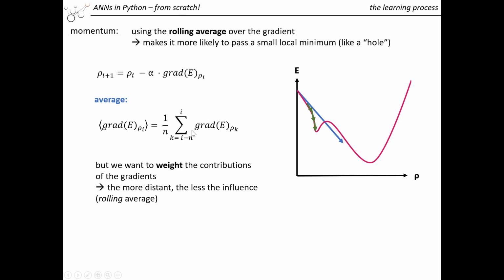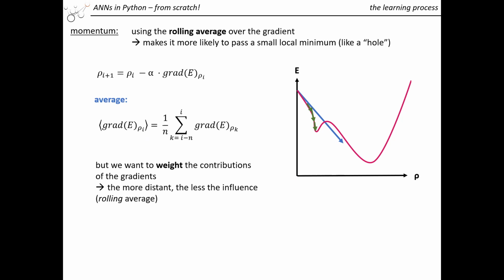So it makes more sense, for example, that if we calculate the average, the gradient from the current iteration has a stronger contribution to the overall average than the gradients from previous iterations, especially if they're long ago.